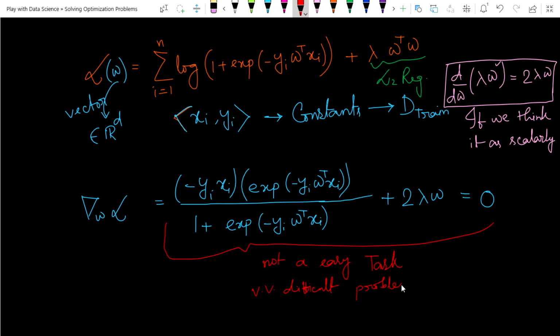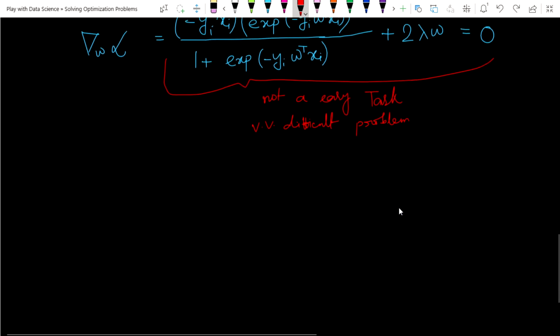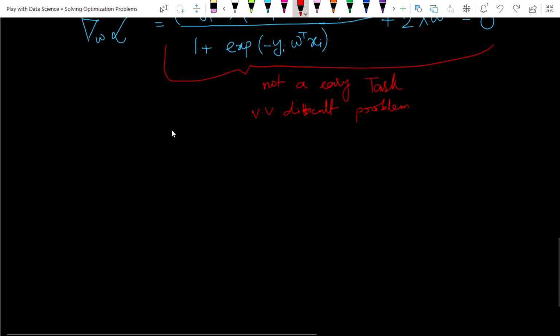It is a very difficult problem. So in the age of modern computing, we use computational and programmatic techniques to find the minimum and maximum value.